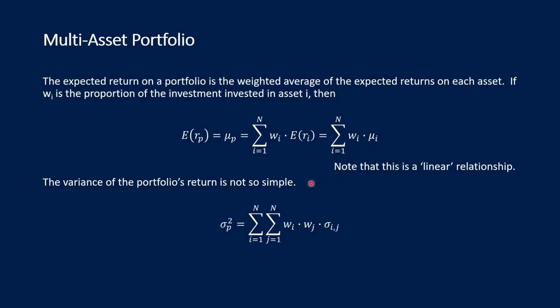The variance of the portfolio's return is not so simple. It is given by sigma_P squared, which is the variance, and we see two sum signs, which is always the sum across a table or a matrix, and that's across w_i times w_j times the covariance of i and j.